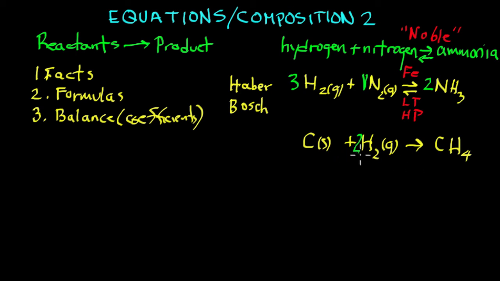But guess what? This does not happen. If I would go to the facts, I couldn't get this. Carbon and hydrogen, there are thousands of compounds of carbon and hydrogen I could write here on the right side that would balance. This does not happen. So the facts have to be important just because you can balance the equation.